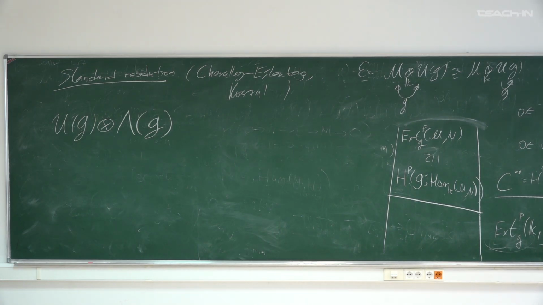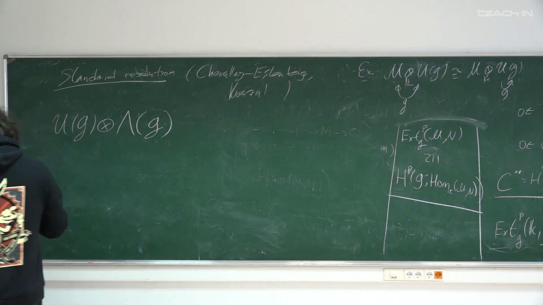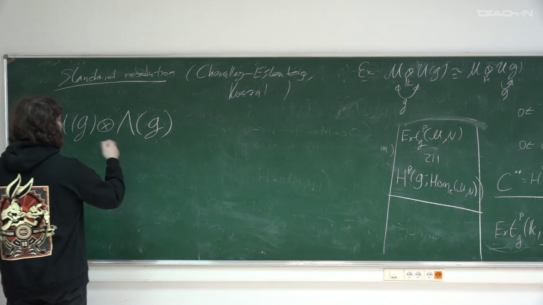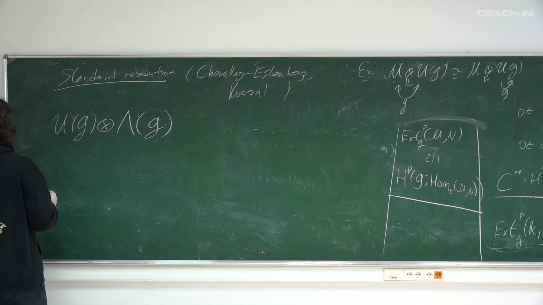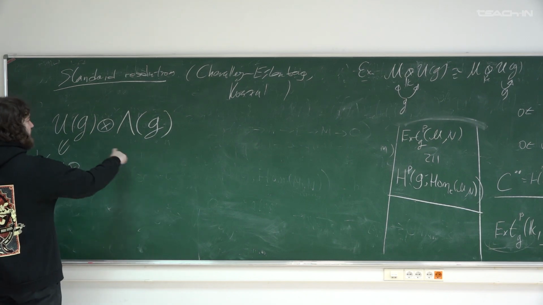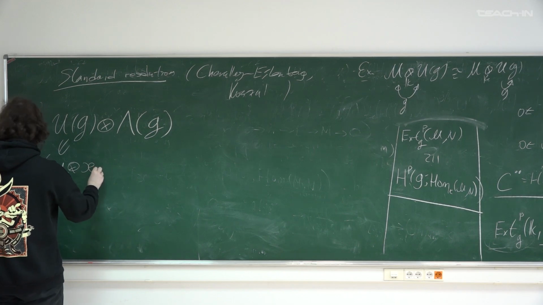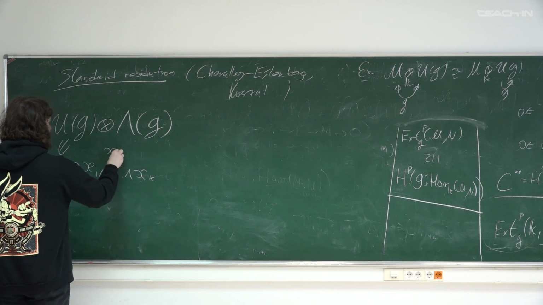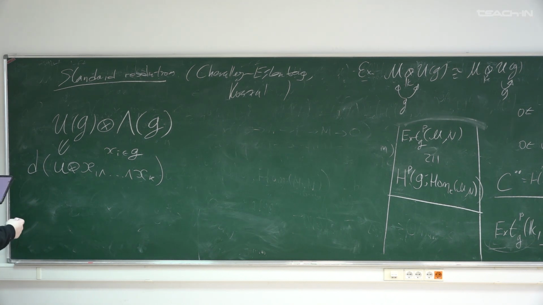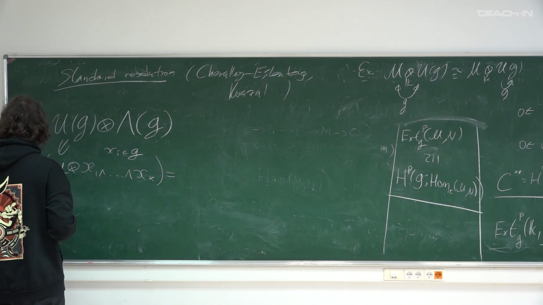Let me fix my notation. I have some element u from the universal enveloping algebra tensor some exterior product of elements of G: x1, ..., xk, where each xi is just a vector from G. By linearity, it's enough to define the differential on these elements, and it has two parts.